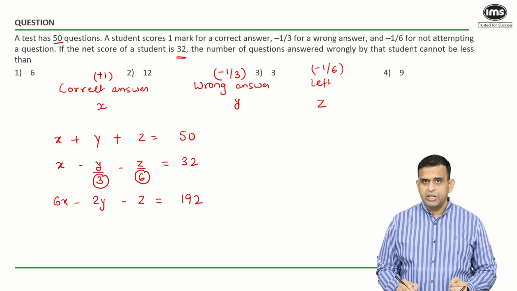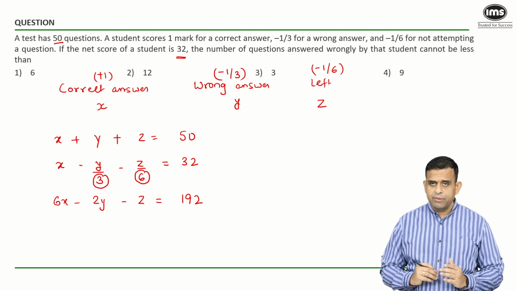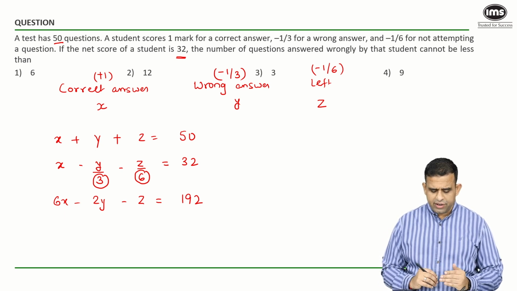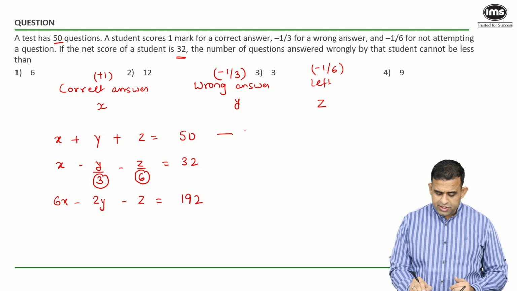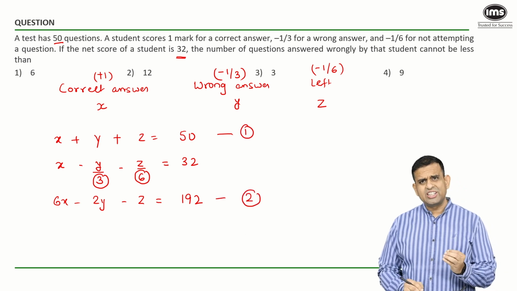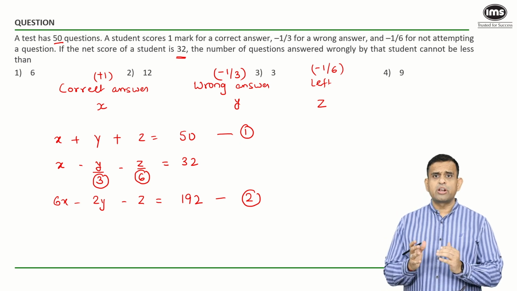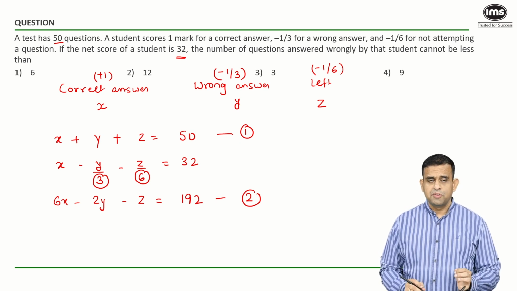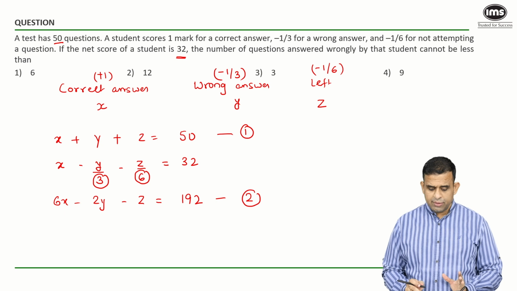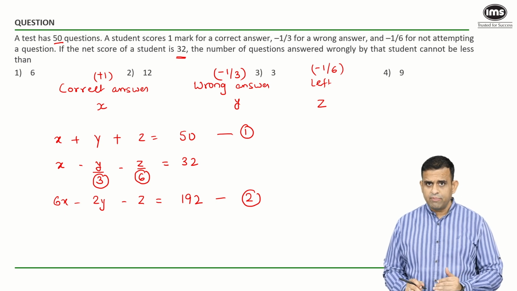Now please note, in this particular case, the task is to minimize the value of y over here. Now if I call this equation number 1, and equation number 2 is 6x minus 2y minus z equals 192, I will first of all try to eliminate one variable, which I can clearly see is going to be z, because I can see a plus z and a minus z.